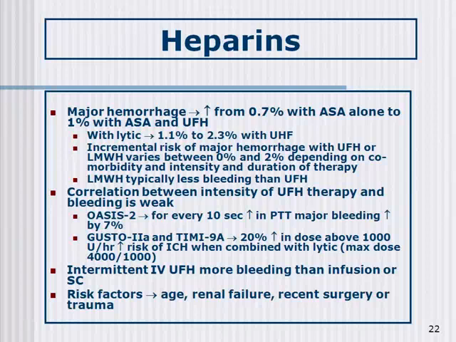We know that adding heparin to lytics, even though it's a class 1 recommendation, doubles the risk of bleeding. Again, the intensity of therapy, the duration of therapy, concomitant administration of other drugs, and comorbidities of patients all need to be considered when you have patients on heparin.